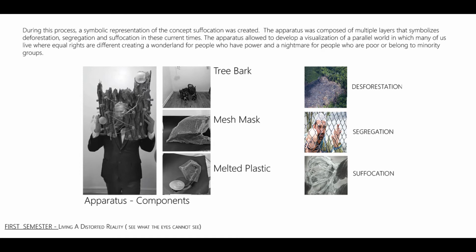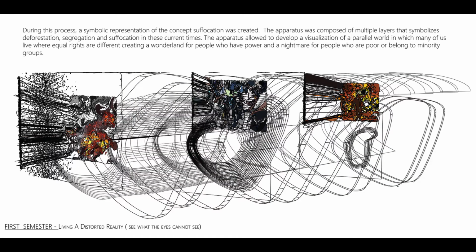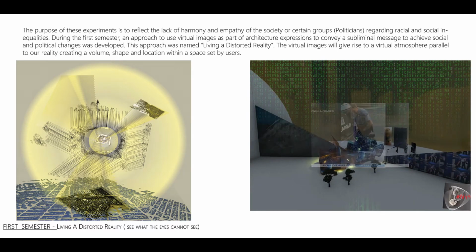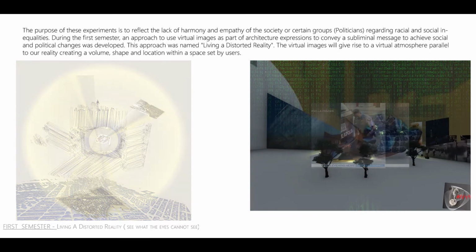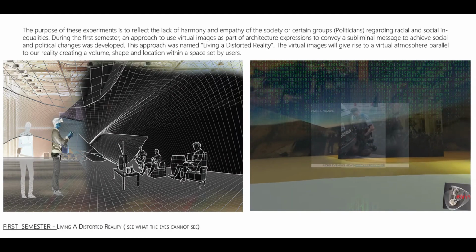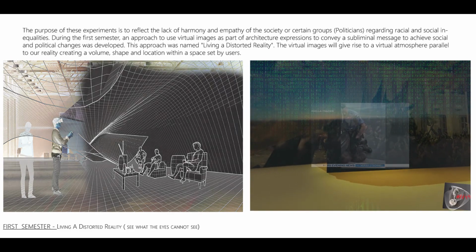The apparatus allowed the development of a visualization of a parallel world in which many of us live, where equal rights are different, creating a wonderland for people who have power and a nightmare for people who are poor or belong to minority groups. The purpose of this experiment is to reflect the lack of harmony and empathy of this society or certain groups, politicians, regarding racial and social inequalities.